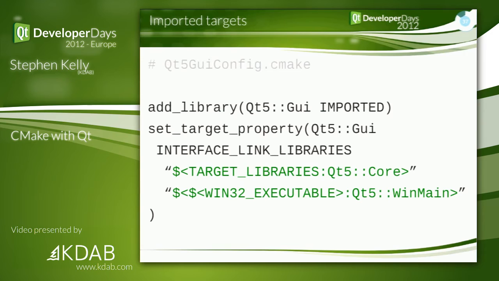And that's also done on the Qt5 GUI target. There's again a special property called the interface link libraries, and that one knows what each library depends on. So Qt5 GUI depends on Qt5 core. And if the WIN32 executable property is set, that's what we set when we use WIN32 in add_executable, then also link to Qt5 WinMain.